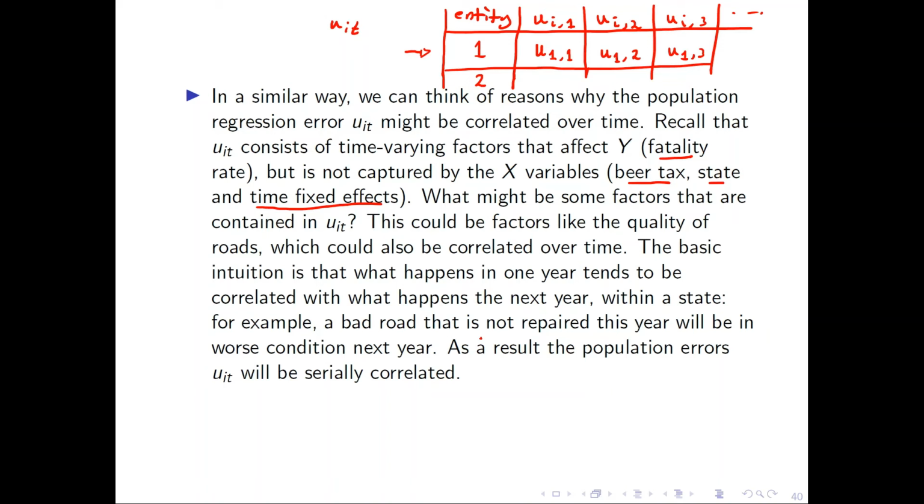They are probably getting worse and worse until one year they suddenly become refurbished and become better quality, which means that you have this autocorrelation in the state of the road, because a bad road is probably bad or worse the next year as well.